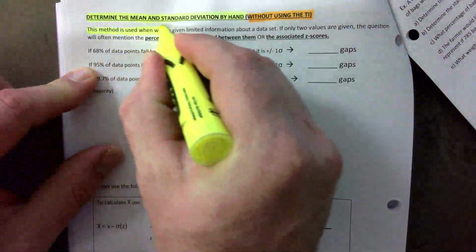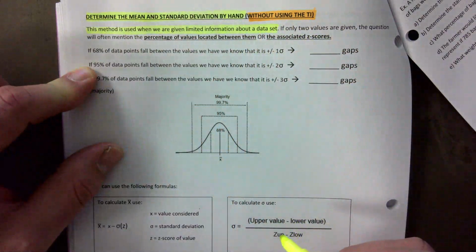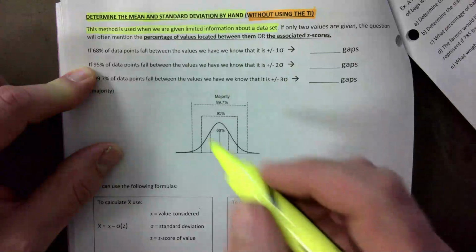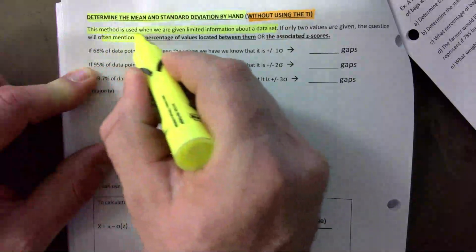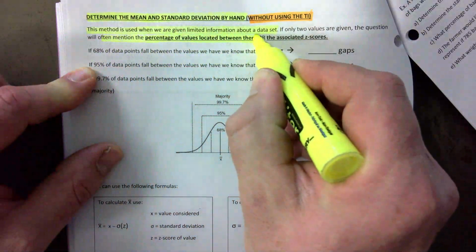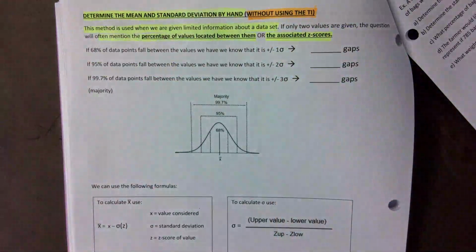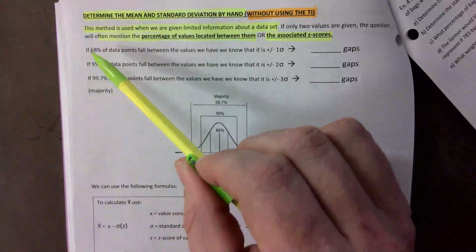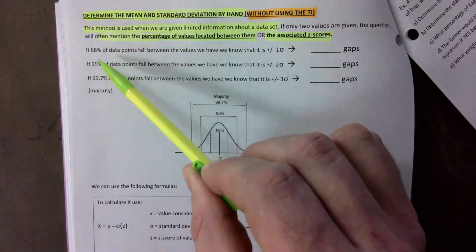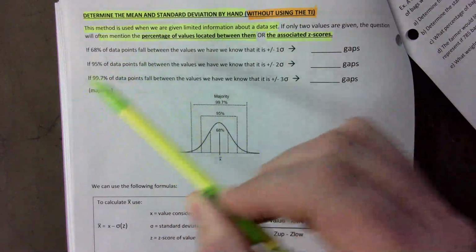Okay, you use this method when they're given limited information about the data set. The question will often mention percentage of values located between them or the associated z-scores. If the question, for whatever reason, mentions one of these percentages, folks, you should recognize that. 68, 95, 99.7, it's no longer random.